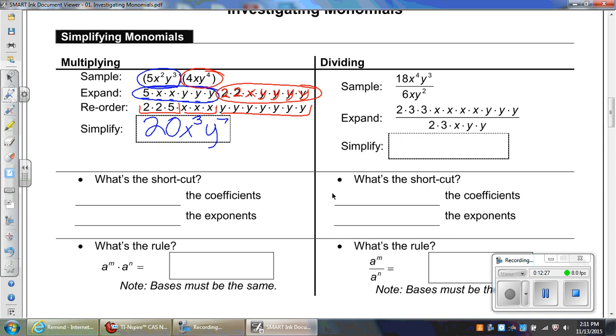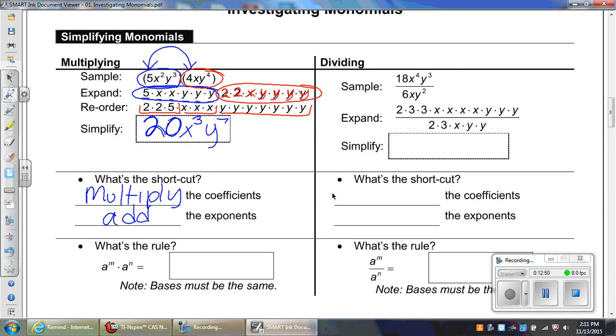So the shortcut for that, because we're not going to be expanding all the time, right? We already went over the rules a little bit. So the shortcut is that you multiply the coefficients. We could have just multiplied 5 times 4, and that would give us 20. And also, what do you do with the exponents? You add the exponents. Very good.